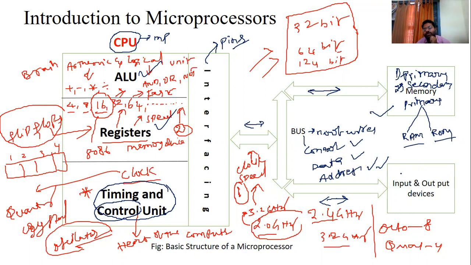Keyboard, mouse, monitor, all these we consider input output devices. These are connected by using these pins. We can call this the interfacing section.